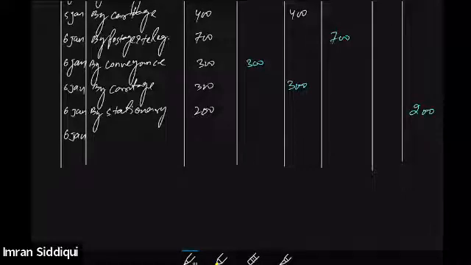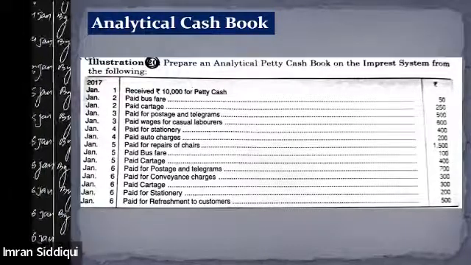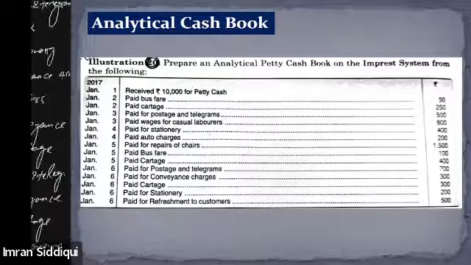Okay. Then one last transaction, January 6, paid for refreshment to customer. In which category should I keep it? Paid refreshment for customers. Just a minute. Let me check whether I have any other account where I can put it.